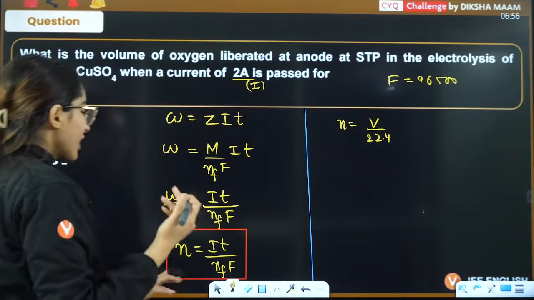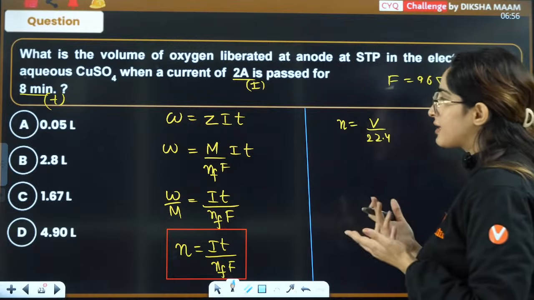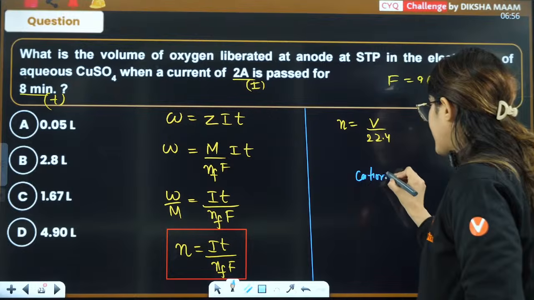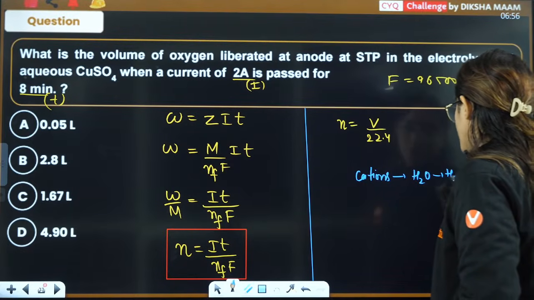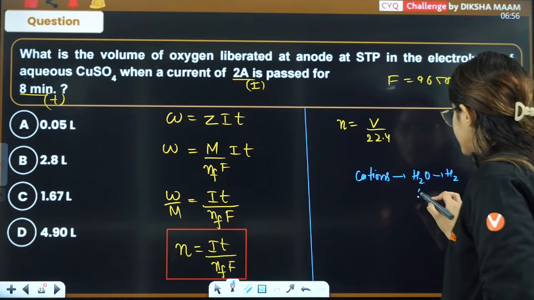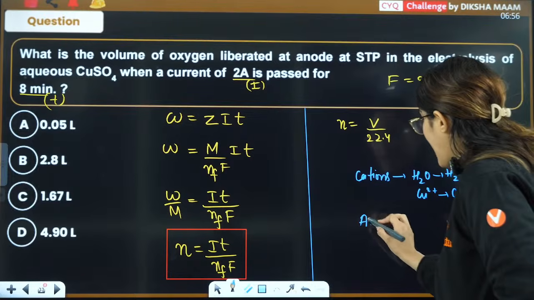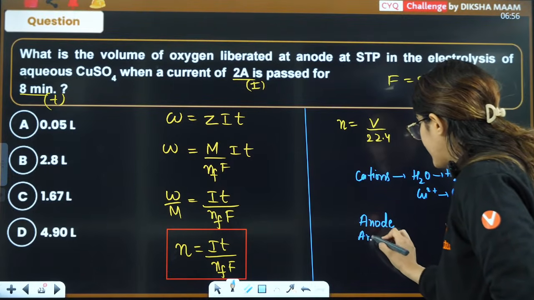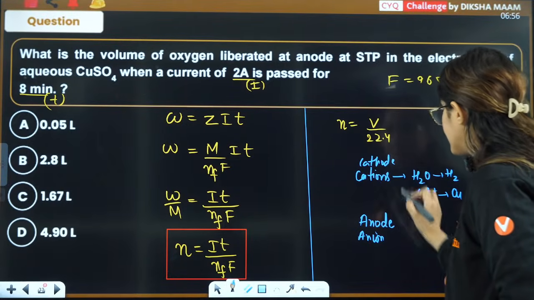This you must know from products of electrolysis, what is the reaction you will use. At cathode, there will be cation: either water will be converted to H2, or you will have Cu2 positive getting converted to Cu. And at anode there will be anion.